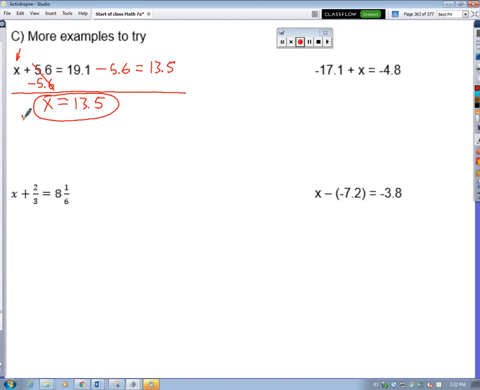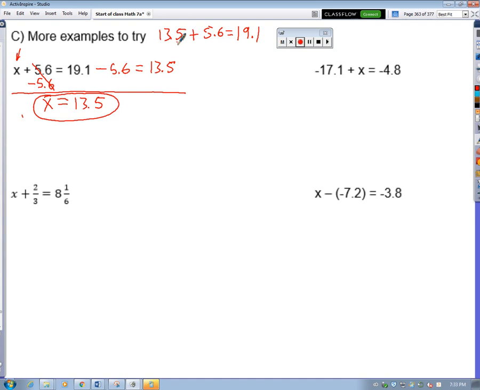Alright? And you can always tell if you got these problems right by testing it. Okay, test 13.5 in for x and see if you'll get 19.1. Put it back into the original. So give that a try. Take 13.5, add 5.6, and you will find that it equals 19.1.